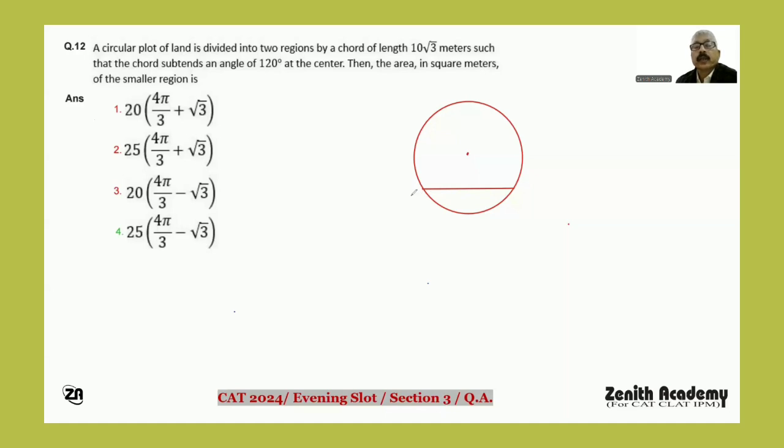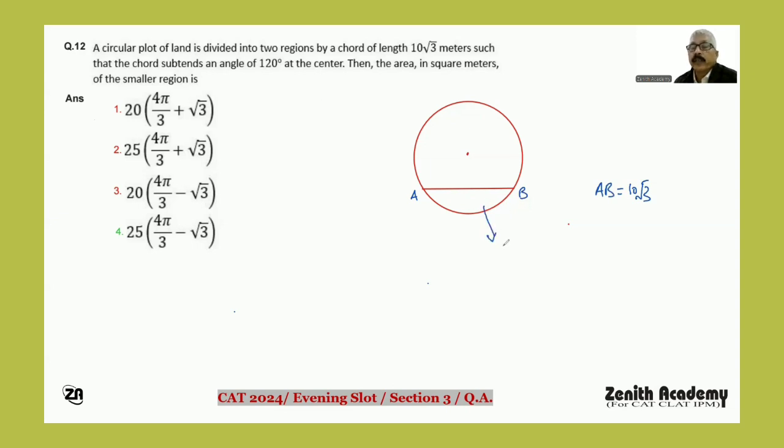Suppose the name of this chord is AB. AB is given as 10 root 3, and this chord is dividing this circular plot of land into two regions.